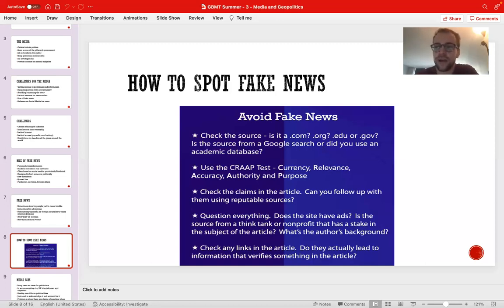So you might wish to take also a close look at the author or journalist that you're receiving this information from. So you could Google the author to see if you can identify a certain bias or themes in their past work, or whether others view this author as a reputable source of information.